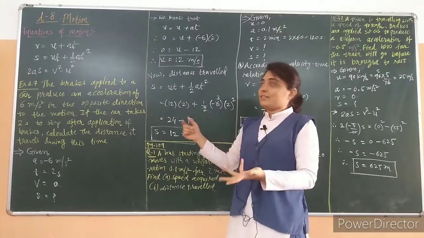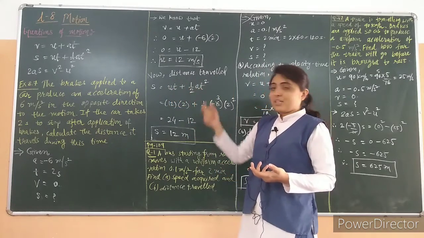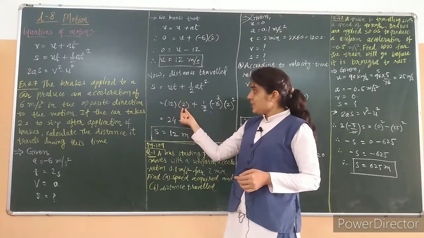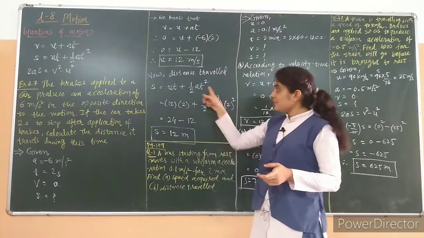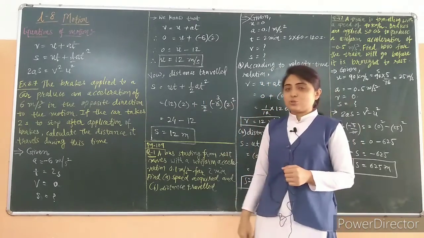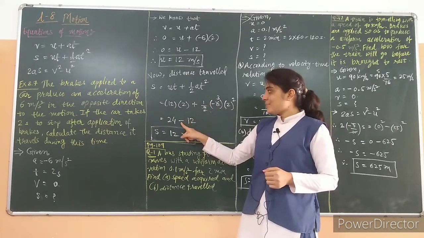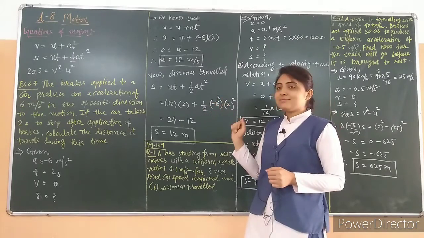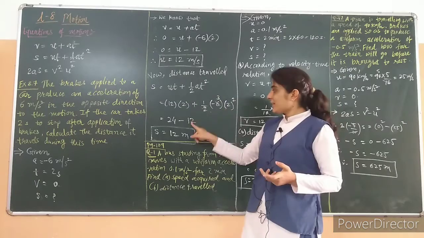Now we can find the distance. The distance traveled, s = ut + half at square. U is 12, t is 2, plus 1 upon 2, a is minus 6, t square that is 2 square. 12 times 2 is 24, plus minus, this 2 can be cut with 6. 2 threes are 6, and 3 into 2 square, 4, 4 threes are 12.